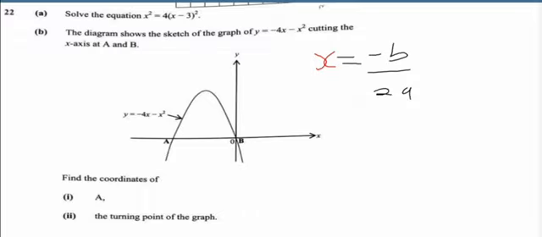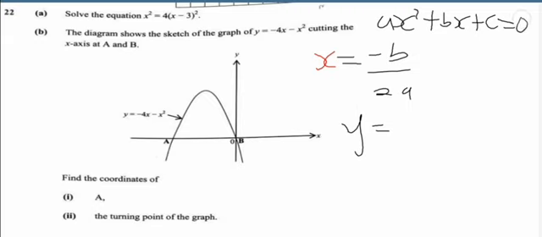Now, we are going to use our equation to find the value of x. So we can say y is given by, and we need to make sure that this one here obeys the layout of a quadratic equation. A quadratic equation is given by ax to the power 2 plus bx plus c is equal to 0.